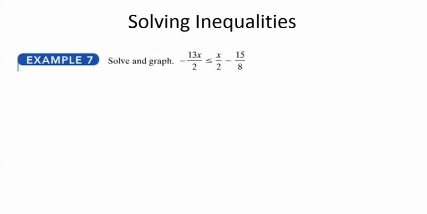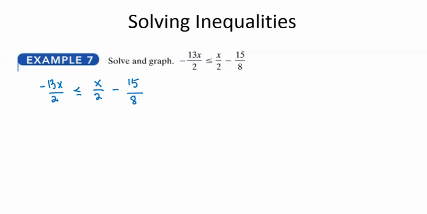All right, so I have the inequality negative 13x over 2 is less than or equal to x over 2 minus 15 over 8. Now my goal here is really to clear out all the denominators.